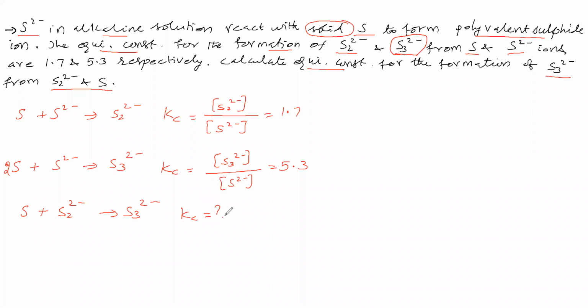For this we have to find the equilibrium constant. Now we want this required equation. In it, S2 2 minus is on the left side, which we can get from the first equation. So let us reverse the first equation.